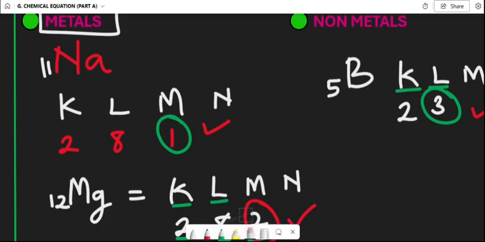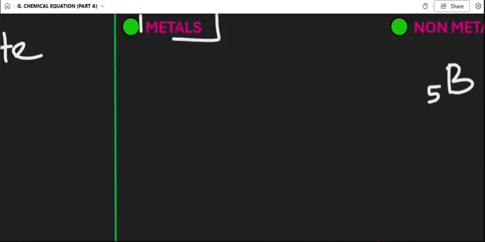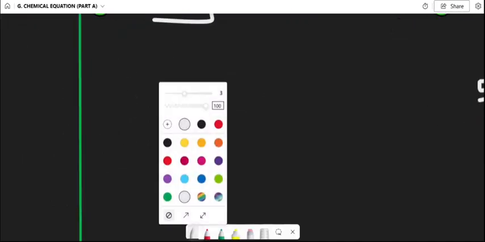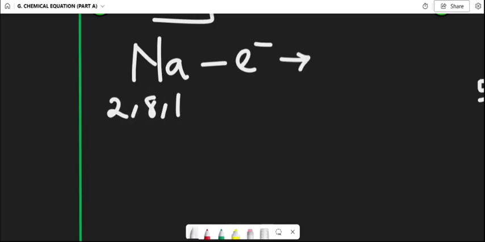Okay, a quick example of this. Let's consider sodium. Before sodium can turn to an ion, it's going to give out 1 electron, because the valence electron arrangement is 2, 8, 1, and it can only give out 1 electron, then you see it as Na+.